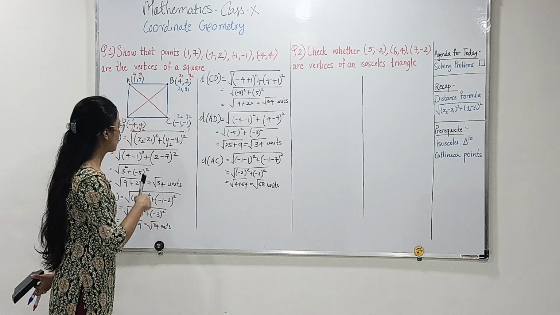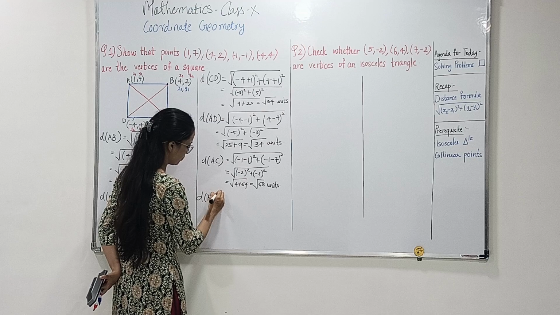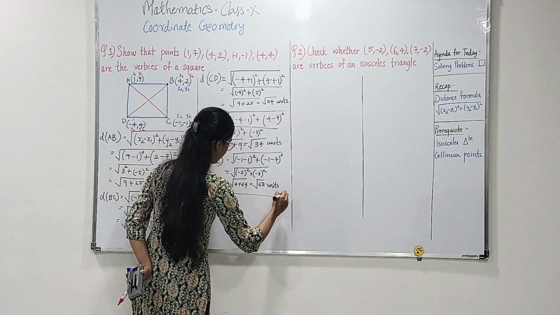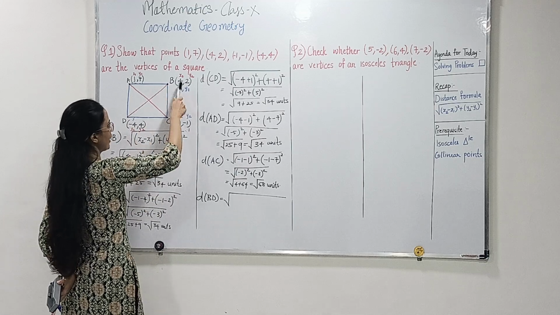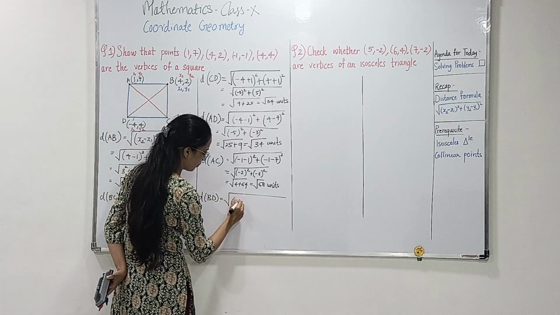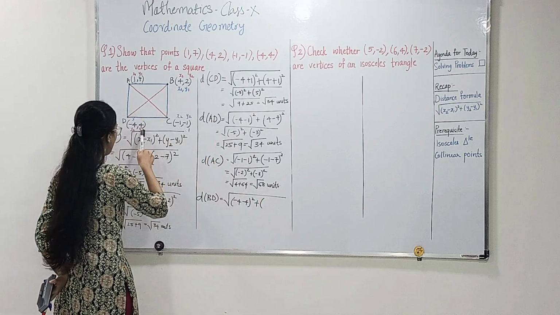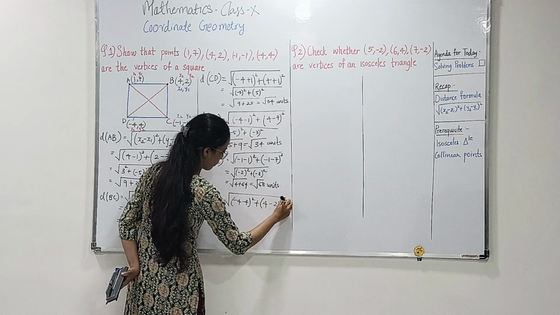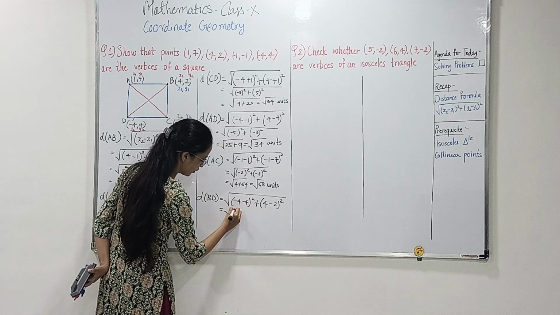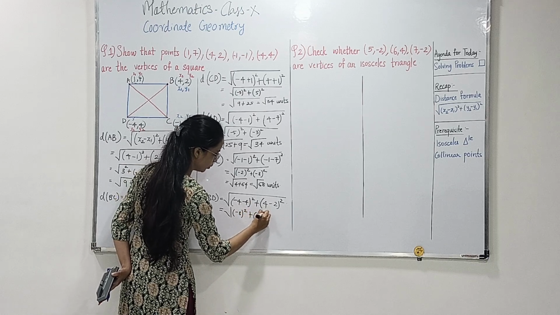Now let us see what would be the length of BD. So distance BD would be equal to under root of, again this is x1 y1 and this is x2 y2. So x2 minus x1, so I would be having minus 4 the whole square plus y2 minus y1, so 4 minus 2 the whole square. So this is nothing but under root of minus 8 the whole square plus 2 the whole square.